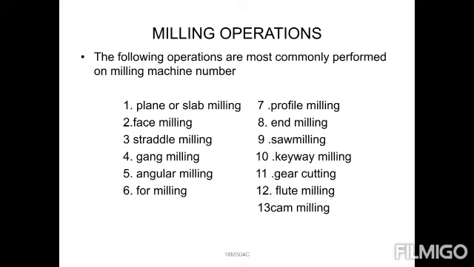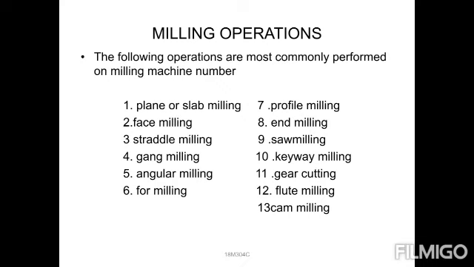Operations differ for each machine. The lathe machine has certain types of operations, the drilling machine has different operations, and the milling machine also has different operations. We already know that the milling machine is a conventional type of machine and at the same time a versatile performer. We know all these things about a milling machine.